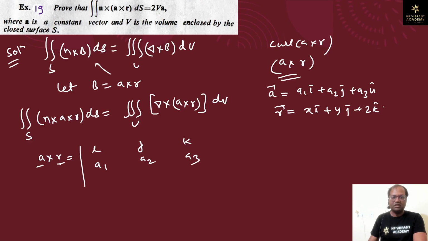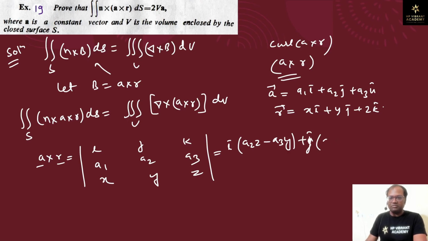So this is i cap (a2 z minus a3 y) plus j cap (a3 x minus a1 z) plus k cap (a1 y minus a2 x).